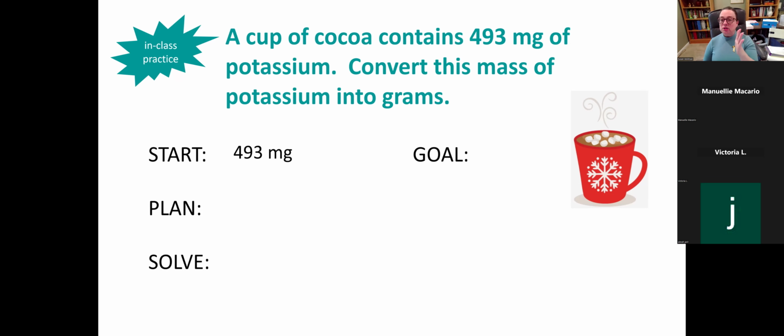So we want to be really precise with our penmanship, which is why typing is terrible, because it likes to autocorrect and make things not what they are. So 493 little m, little g for grams, and then a big K for potassium. And our goal is grams of potassium, if you want to put the K for potassium there as well.